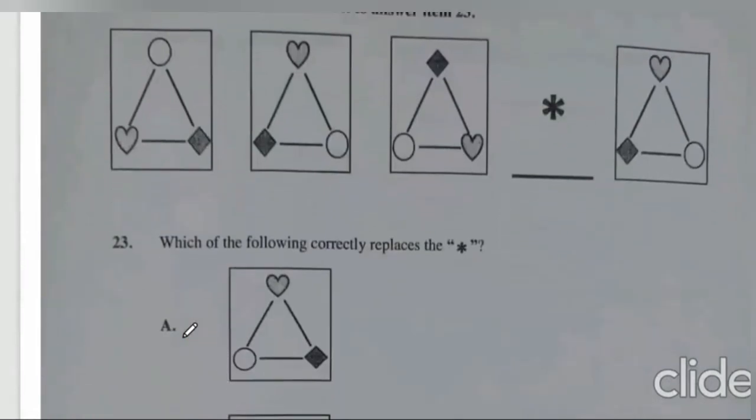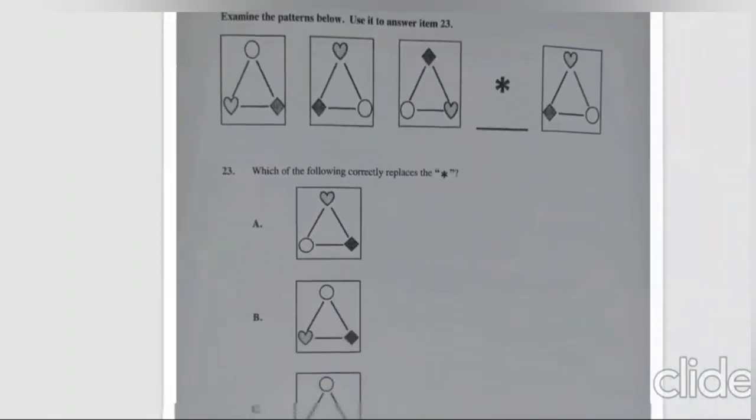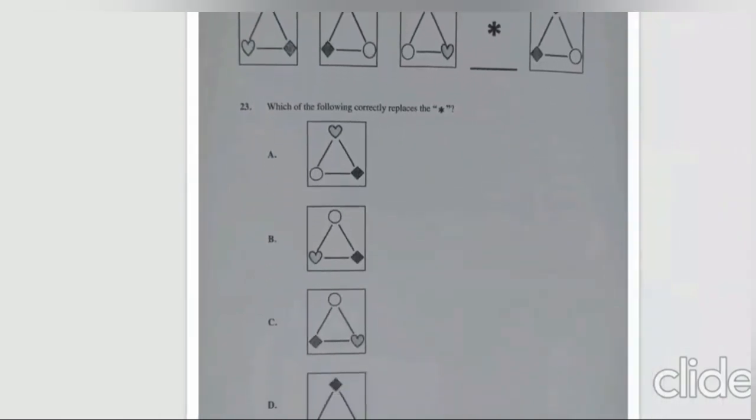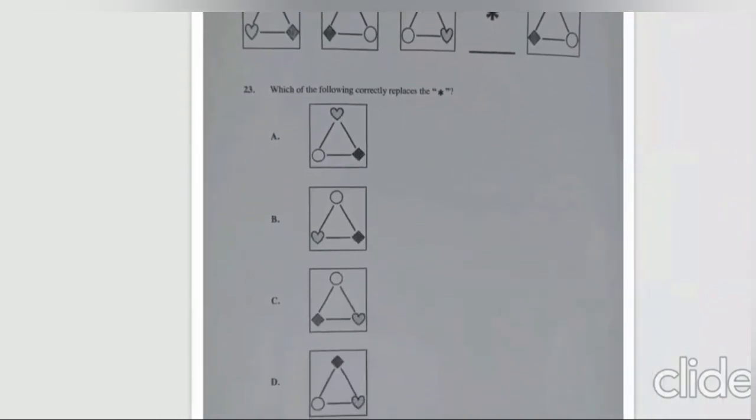Examine the patterns below. Use it to answer item 23. Which of the following correctly places the asterisk? All right, so let's observe here. The first one, let's use this circle for a little marker. So we have the circle, diamond, heart.